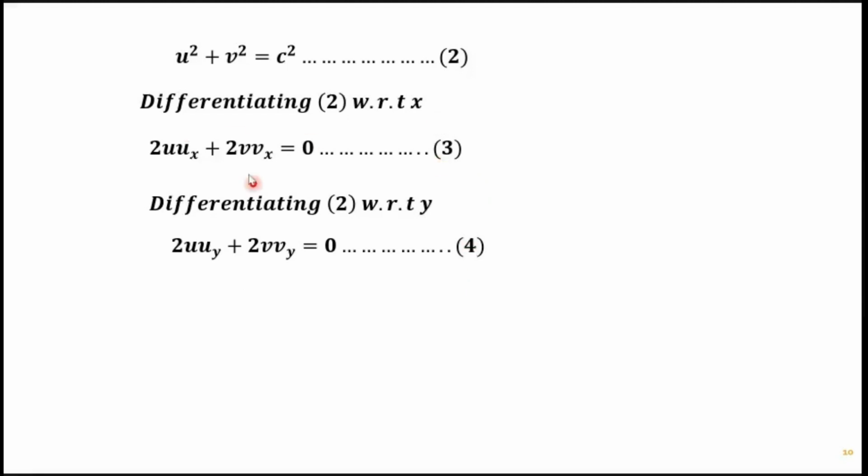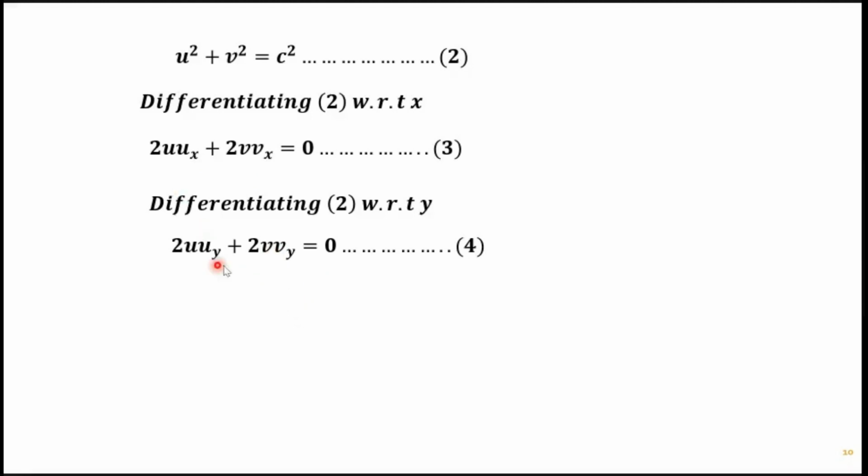Our aim is to get the values from 3 and 4. But if we see in 3 and 4, we are now having 4 variables, because the condition we have is given in terms of ux, uy, vx, vy. So we will try to solve for these partial derivatives. Here we have ux, vx, uy, vy, so we are having 4 variables.